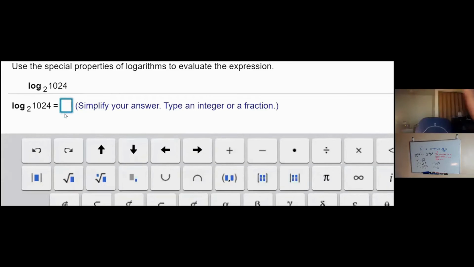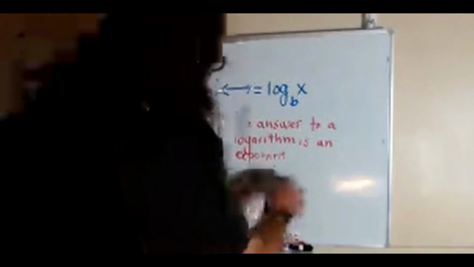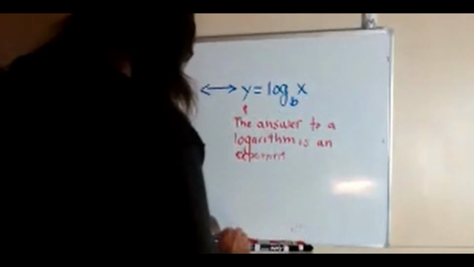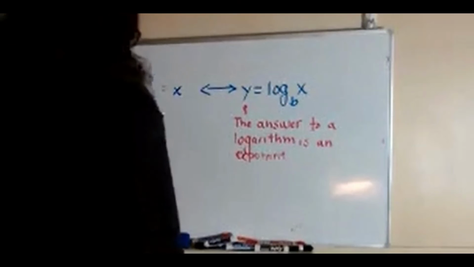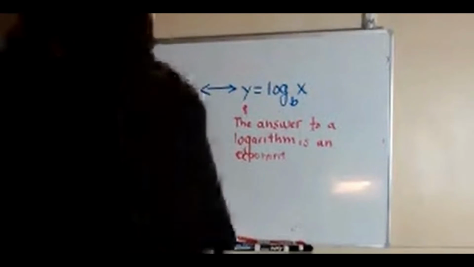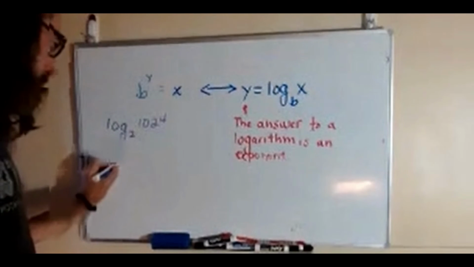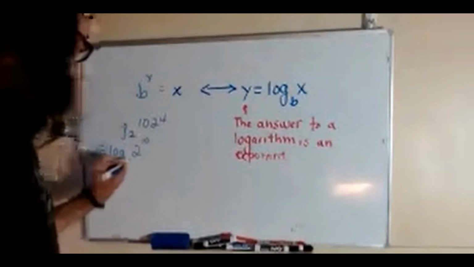1024 is 2 to the 10th power. So we can rewrite that as log of 2 to the 10th, base 2.